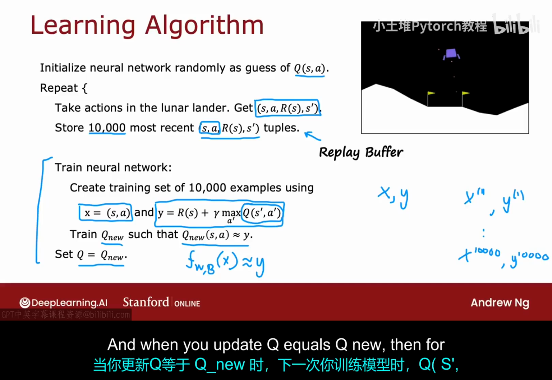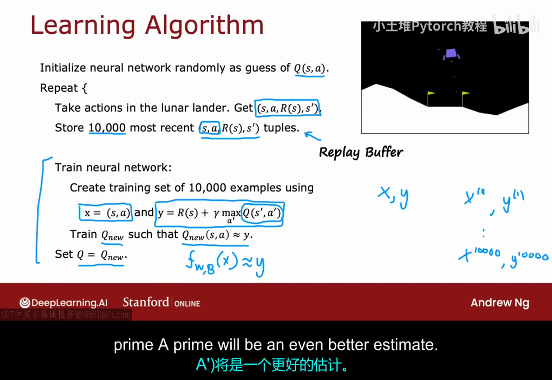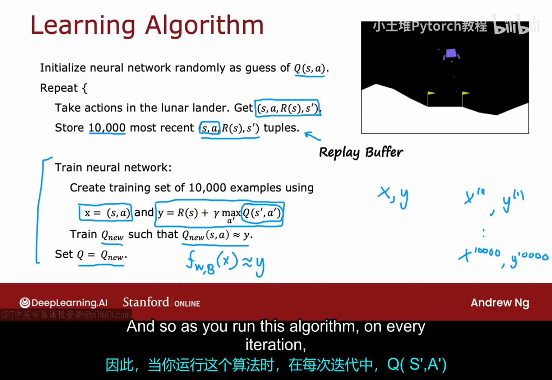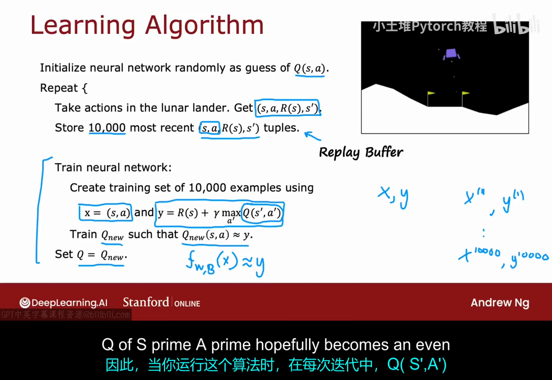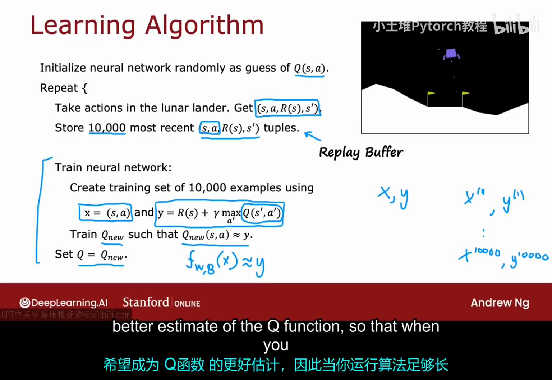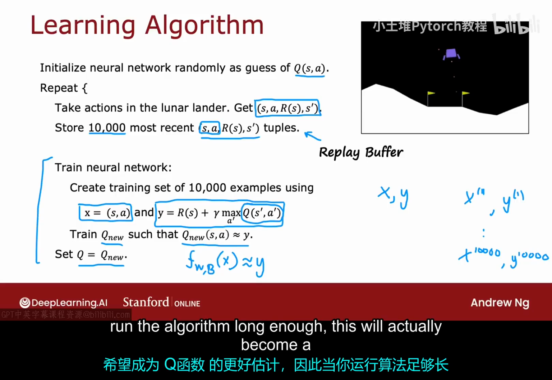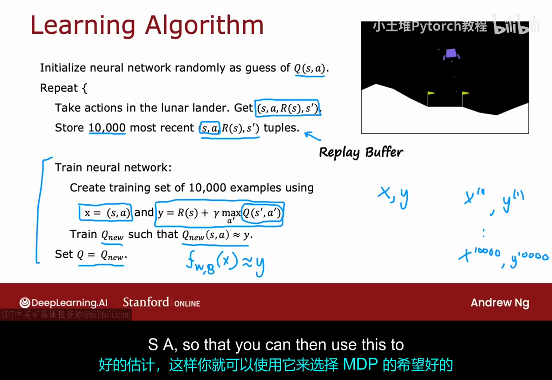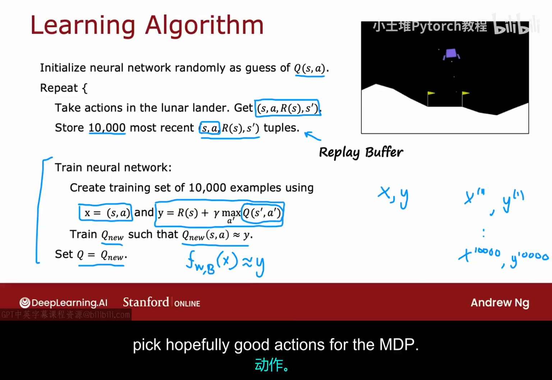And when you update Q equals Q new, then for the next time you train a model, Q of S prime, A prime will be an even better estimate. And so as you run this algorithm, on every iteration, Q of S prime, A prime hopefully becomes an even better estimate of the Q function, so that when you run the algorithm long enough, this will actually become a pretty good estimate of the true value of Q of (S, A), so that you can then use this to pick hopefully good actions for the MDP.